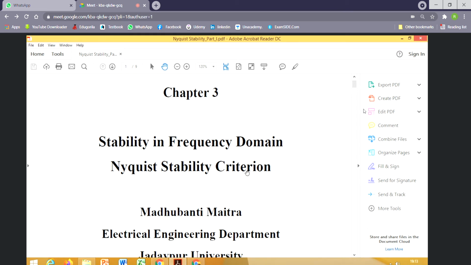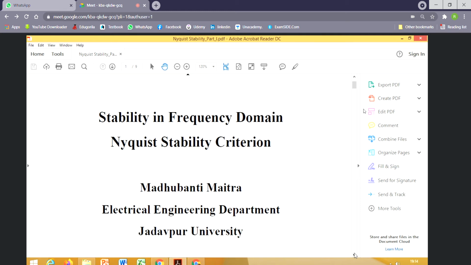Routh-Hurwitz stability criterion is basically a complex frequency domain based criterion. Root locus technique is also complex domain based, because root locus is sketched on the S plane, so it's basically a complex frequency domain based technique. Whereas Nyquist stability criterion is completely a frequency domain based technique.